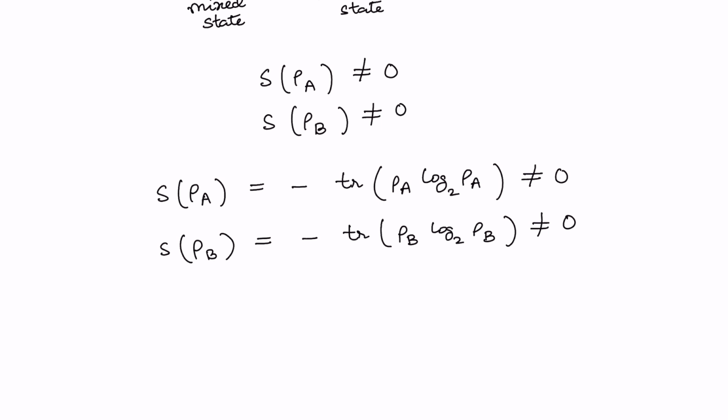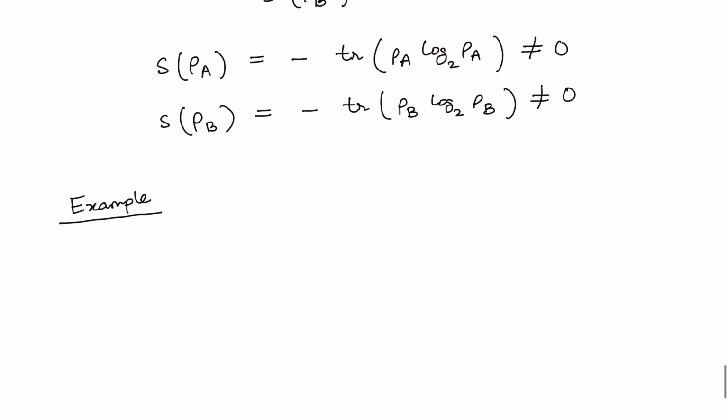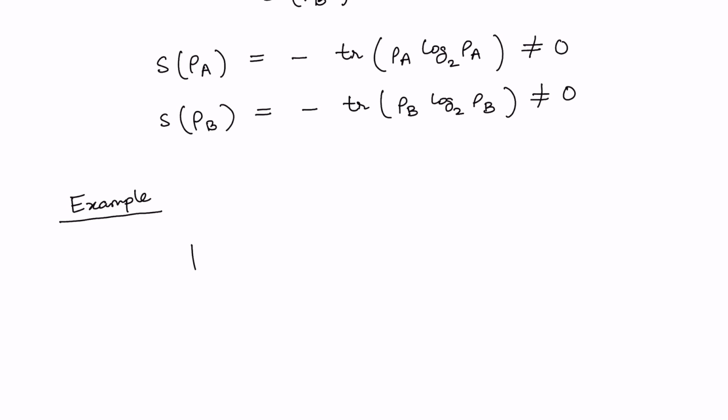Let me now consider an example to clarify this concept. Let us say we have a composite system A and B, and the state of this composite system is represented by the state vector |psi_AB> equals, say, square root of 2 by 3 |00> plus 1 by root 3 |11>.